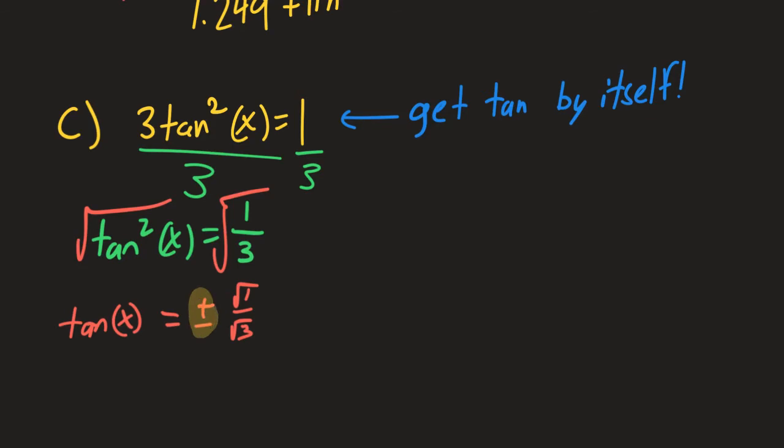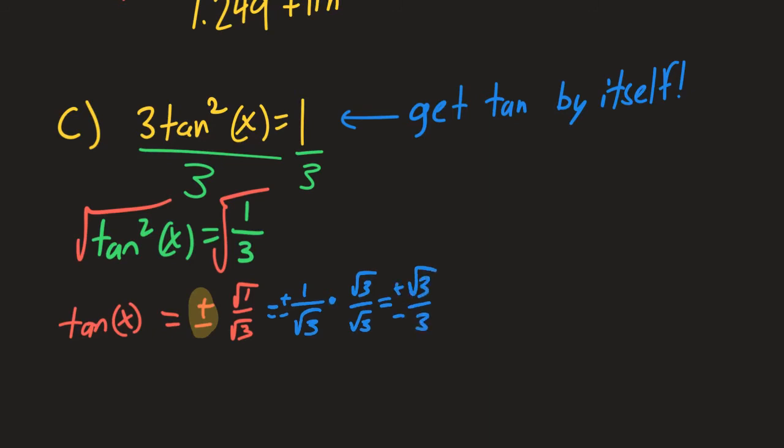When we take a square root, we have to be careful to make sure we do that. We always add plus or minus. Now, this is going to be 1 over square root 3. And we're going to go ahead and rationalize that as well. And we're going to get root 3, root 3. And we should get square root 3 over 3. And it is plus or minus.